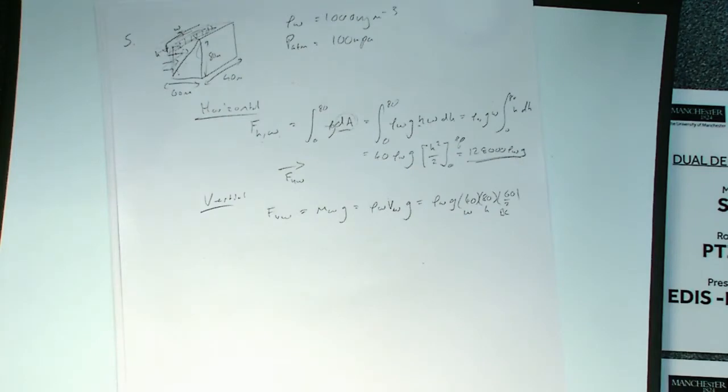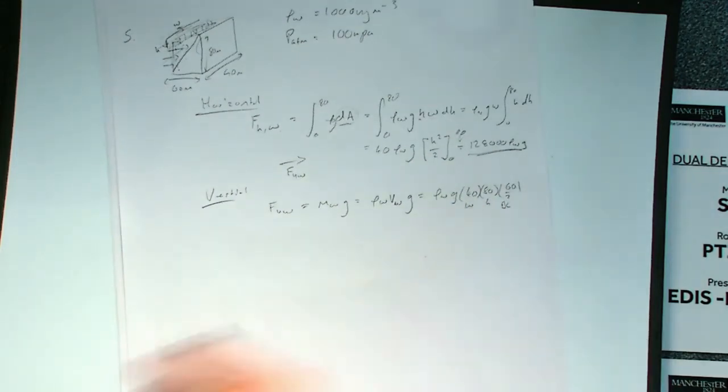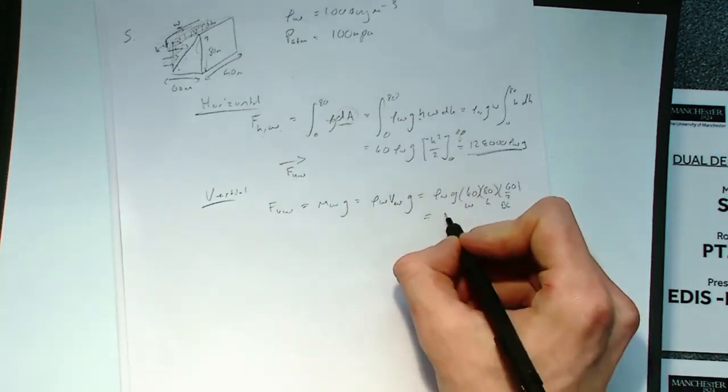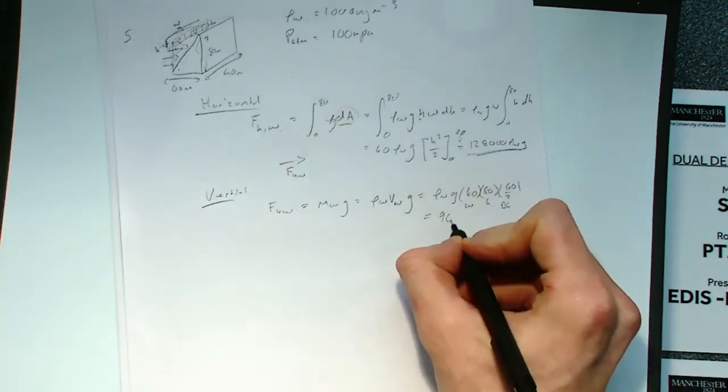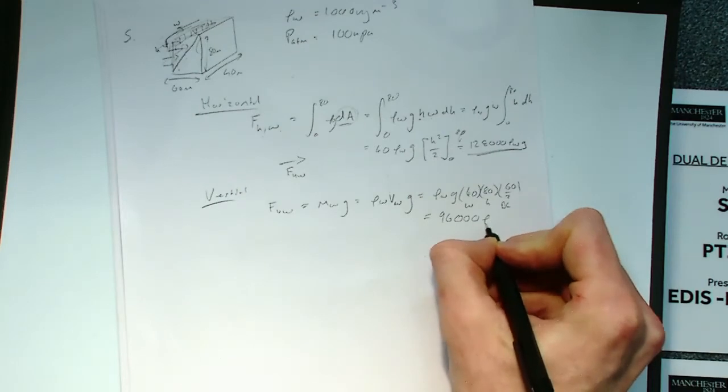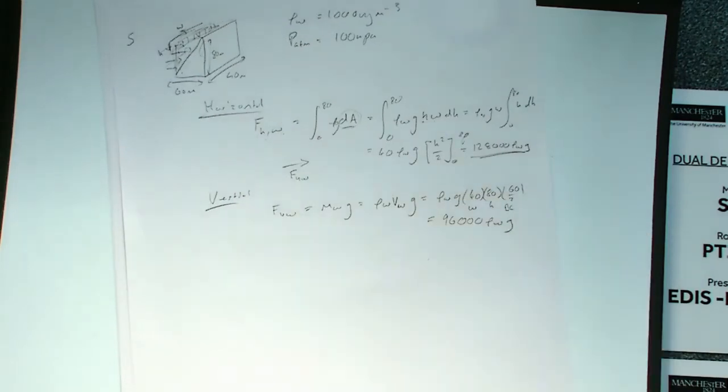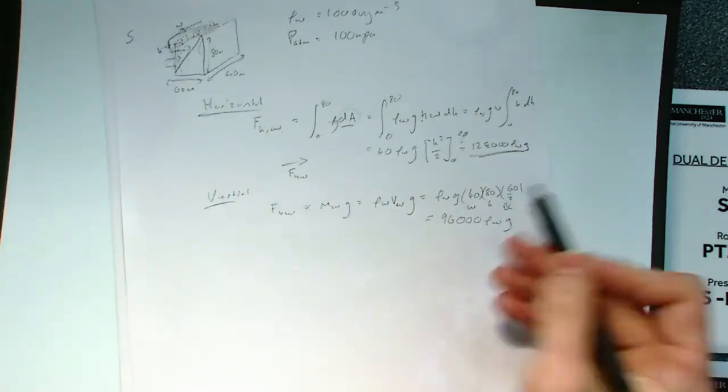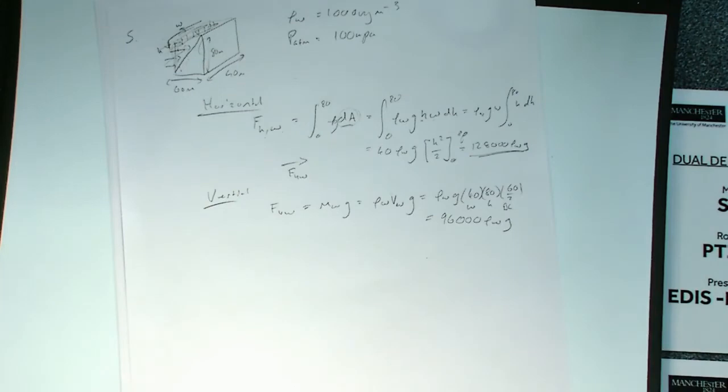If you were to do it without the divided by 2, it would define a square, and you know the equations for triangles. You're smart kids. So then when we put the numbers in again, we end up with 96,000 rho wg, right? So that's just all these numbers being times together. Okay? Are we happy with what I've done there?